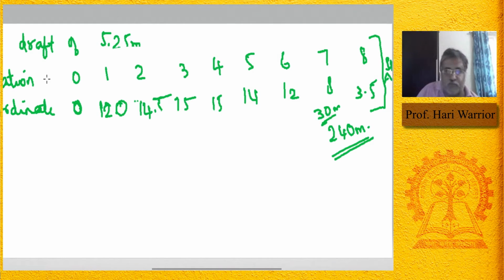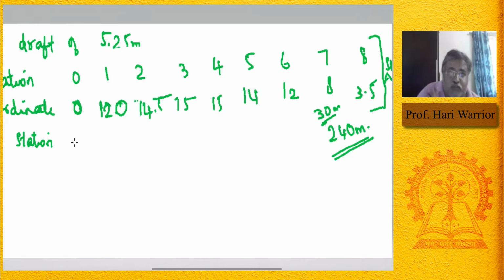I'll put the station. So how will you find the second moment of area anyway? Transverse second moment of area. What do you need? We derived this in the last class. Y cubed alpha delta L. Exactly.